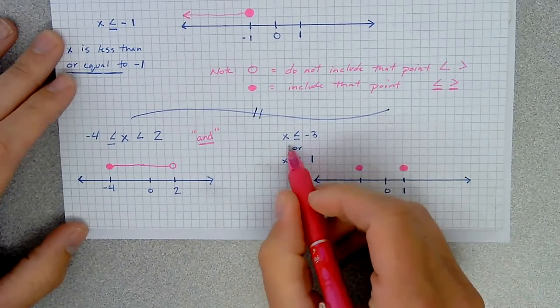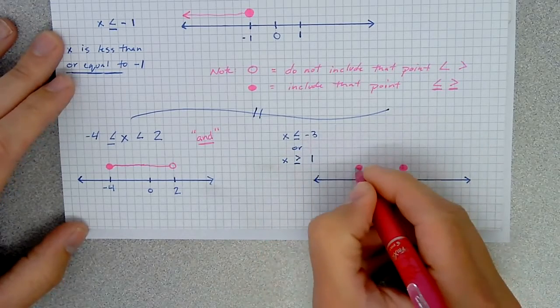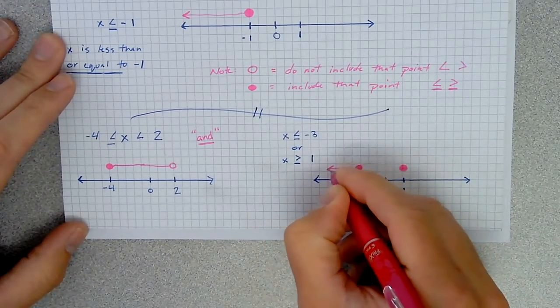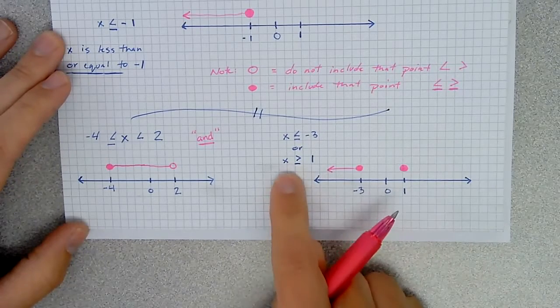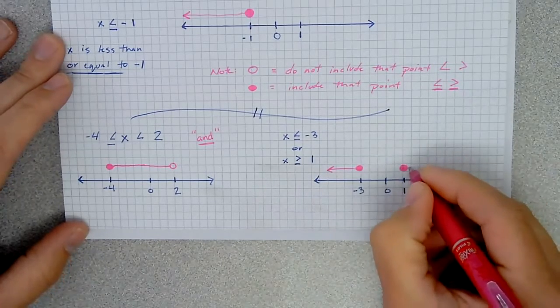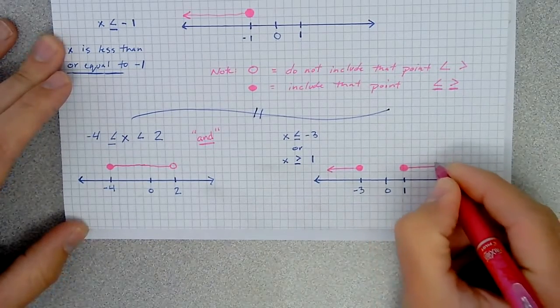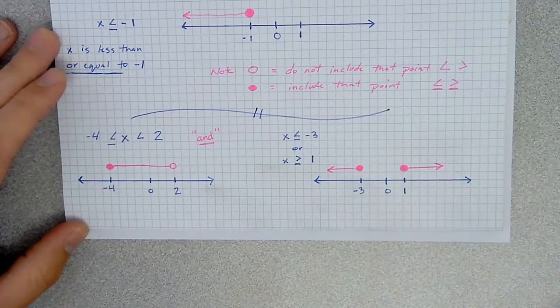Okay, and if we say x is less than or equal to -3, that's all the points to the left. Or x is greater than or equal to 1. It's going to be all the points to the right.